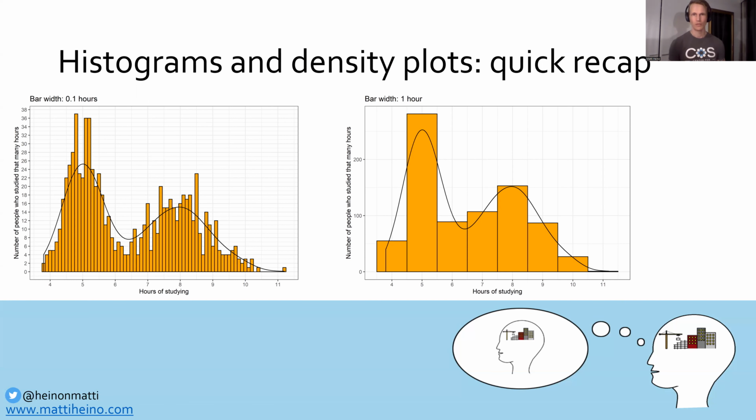And people often don't choose the bar width very carefully, but you can find many ways of doing it more sensibly in your favorite search engine. Or you may have to just go by trial and error.